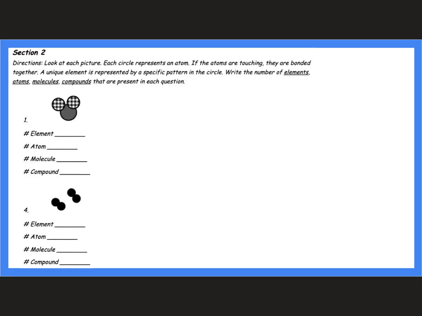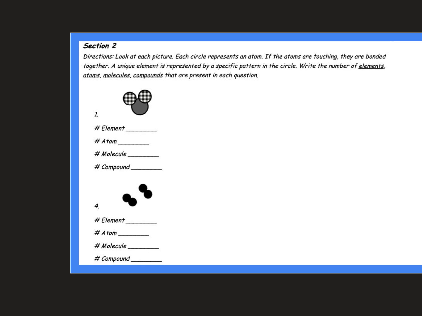Section 2, I want you to look at the picture of the molecule or molecules and/or atom, and I want you to identify how many elements there are, how many atoms, how many molecules, and how many compounds. Each pattern in that circle represents a specific element, and each circle represents an atom. If 2 circles are connected to each other, that means that they're bonded, which means that they're a molecule.